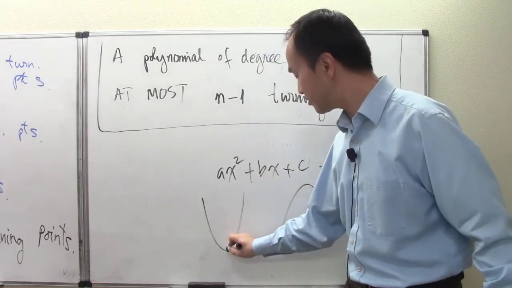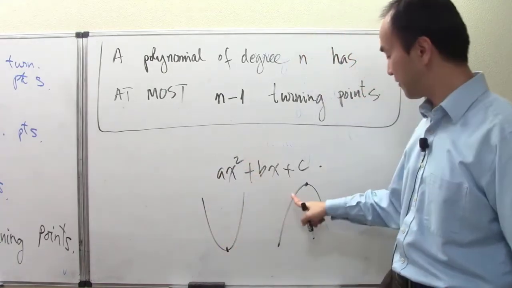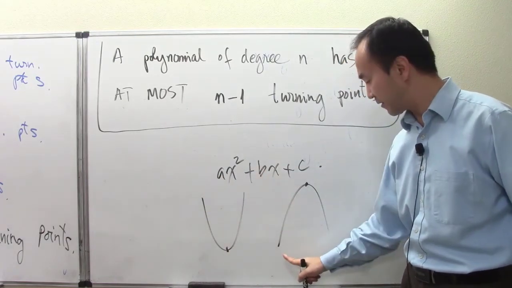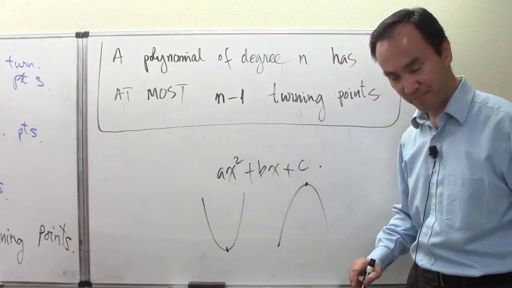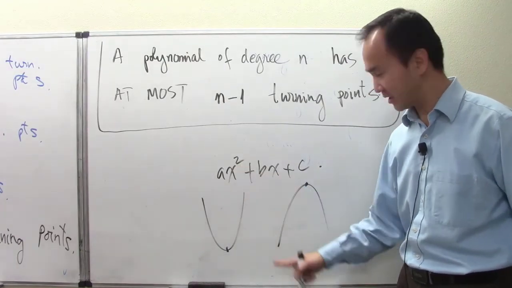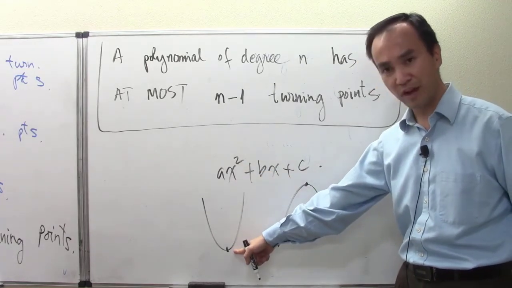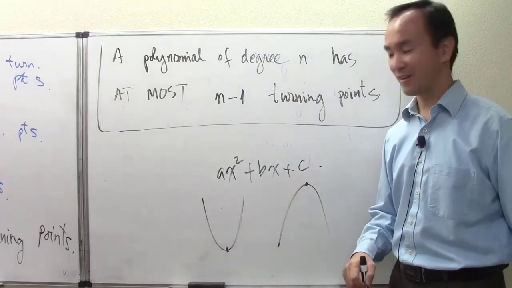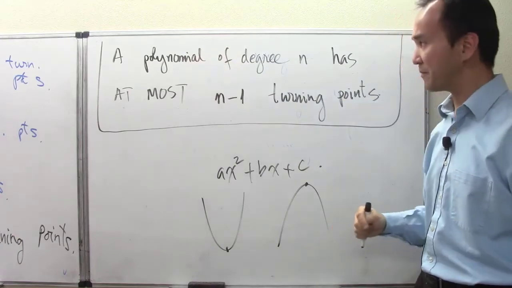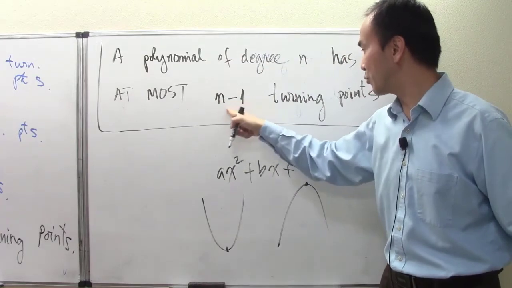The vertex is the turning point: turning from downward to upward, or from upward to downward, from decreasing to increasing, or from increasing to decreasing. Those are the 2 different shapes of the graph for a quadratic. So this is degree 2, and that's the most, we have only 1 turning point. And that's once again consistent with the observation we have made here: any polynomial of degree n has at most n minus 1 turning points.